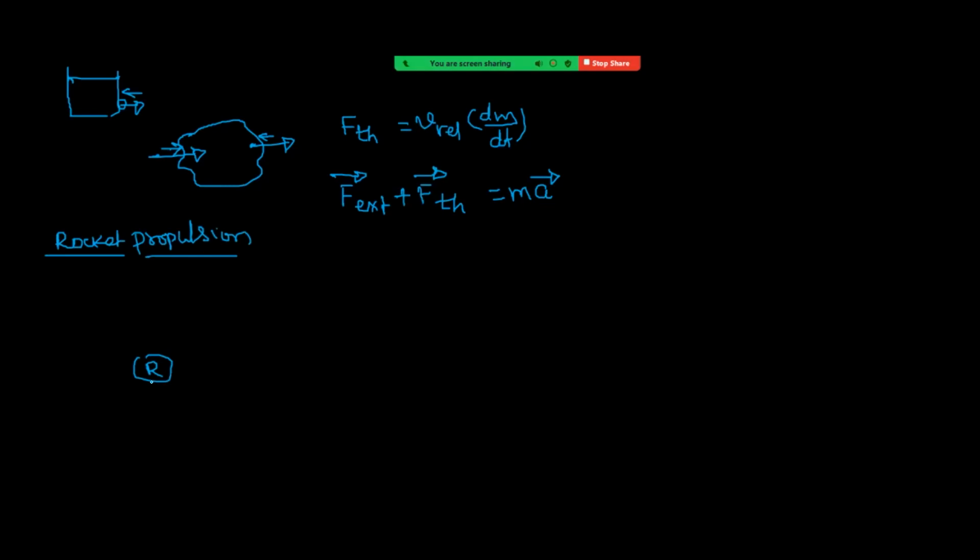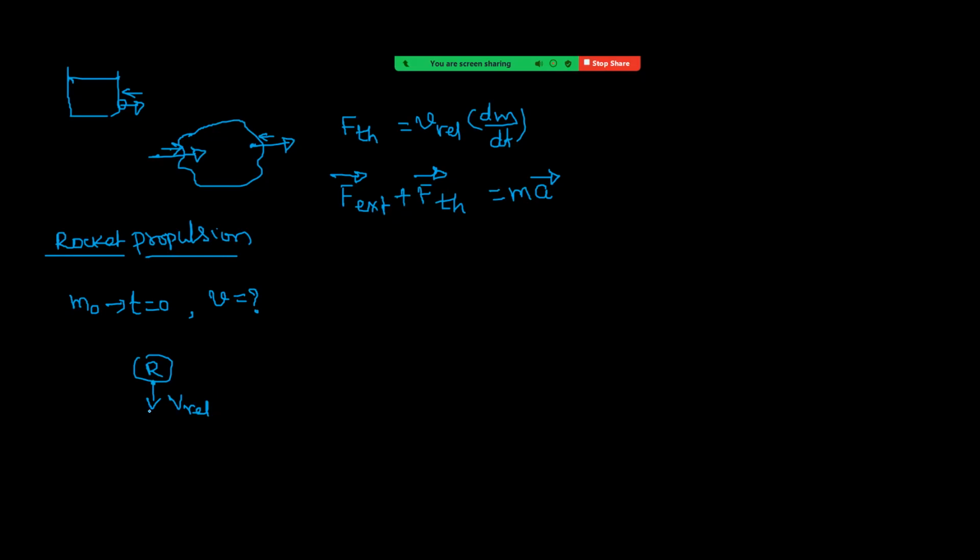Now it is ejecting gases down with a velocity, take it as v, that is v relative, relative to the rocket. Let us take its mass is m naught at time t equal to 0. So we have to find what is the velocity of the rocket as a function of time. Okay. Let us see how to solve it.